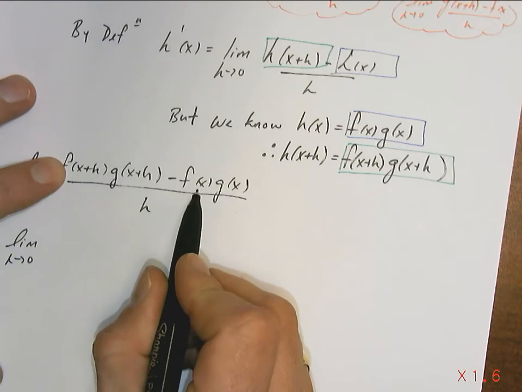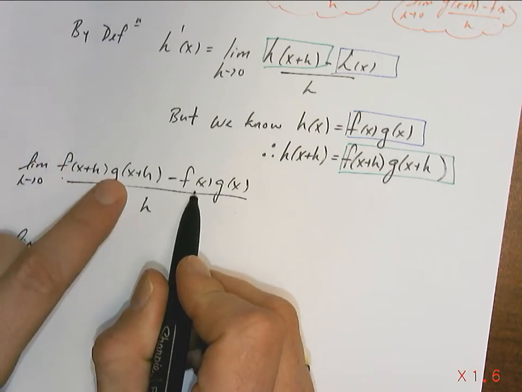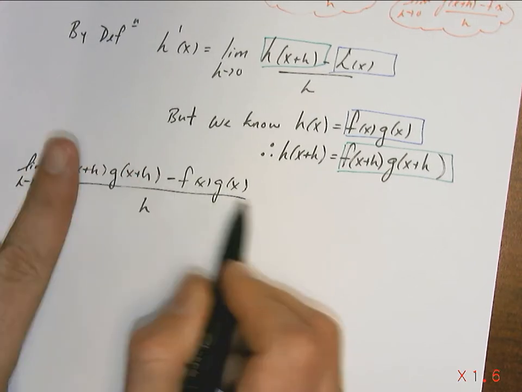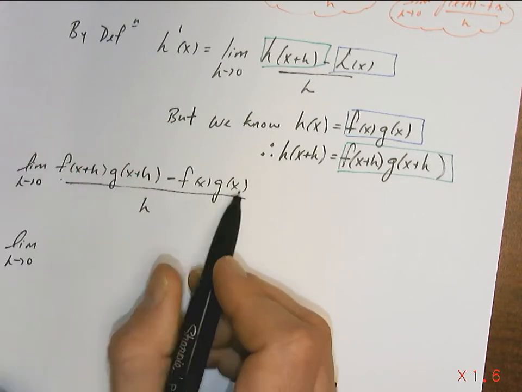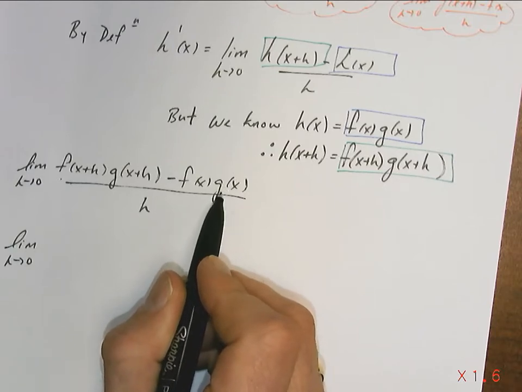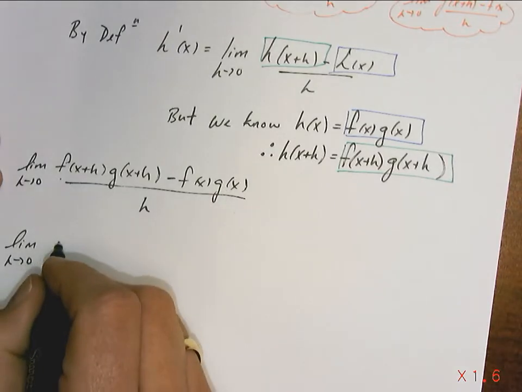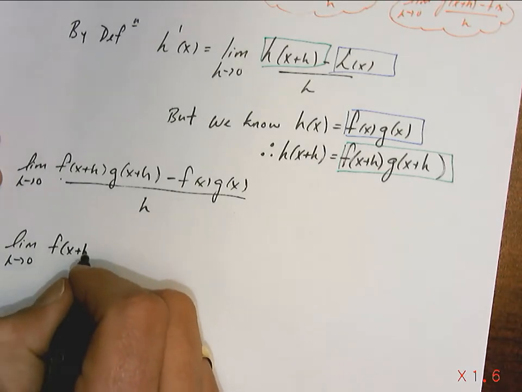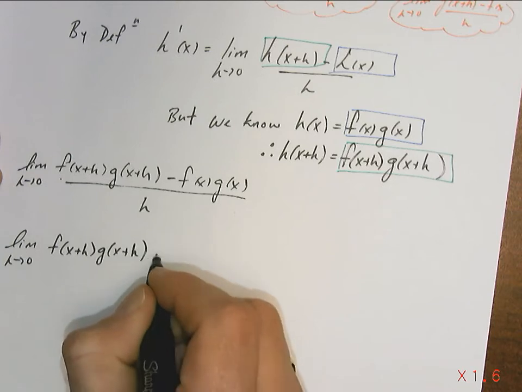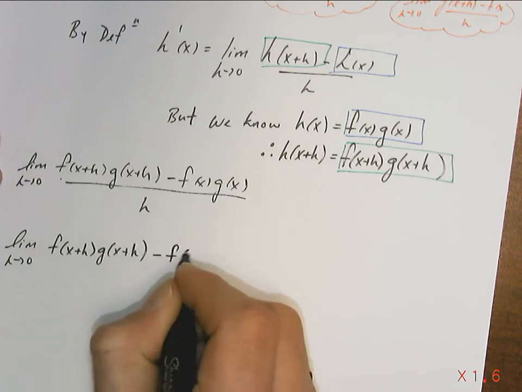Well, there's an f of x. Yeah, but I got a g of x plus h and a g of x, and they're not the same. I can't common factor them out. I really wish this g of x was a g of x plus h. Gee, I really wish that I had this. I wish I had this.